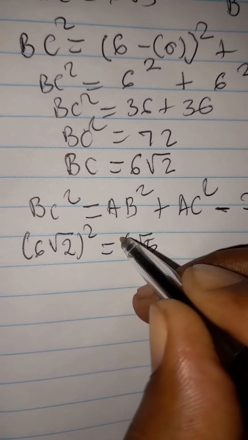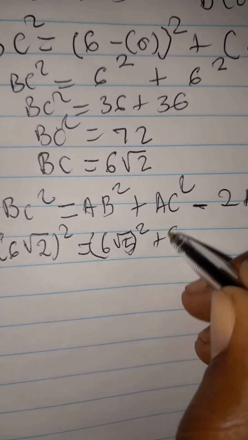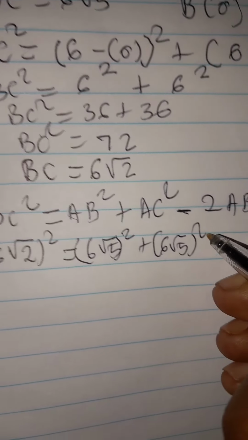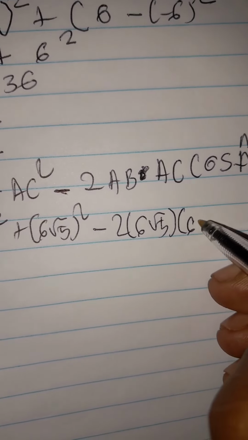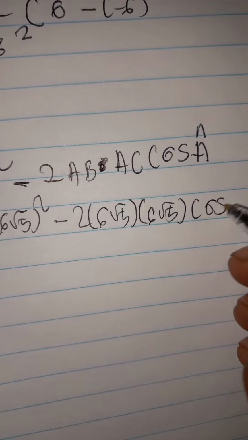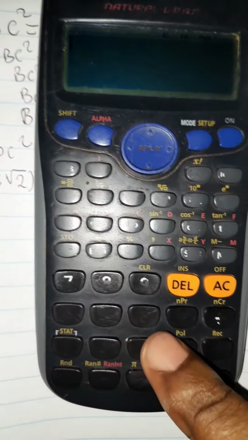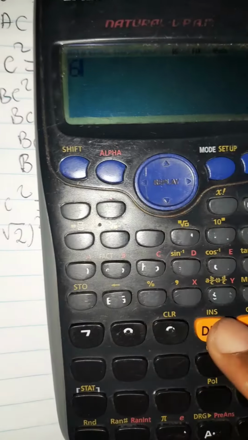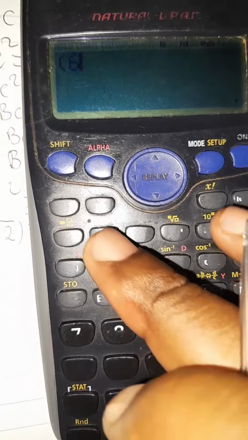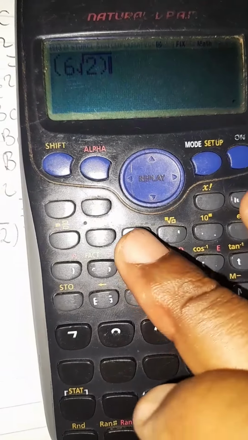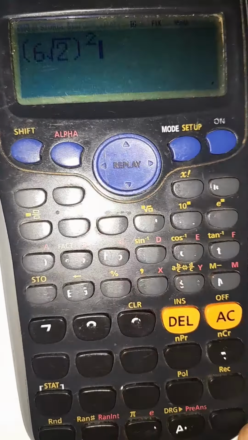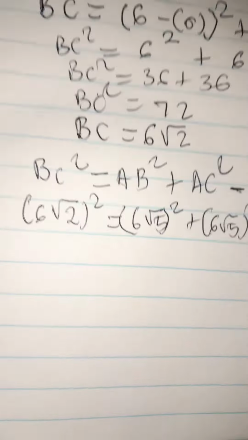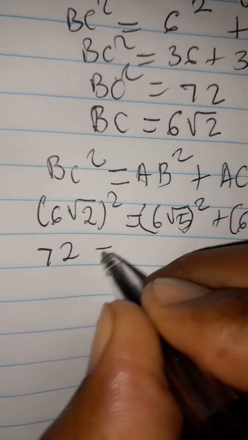You may recall that it was given as 6 root 5, and AC as 6 root 5, as well as cos A, angle A. So let's take our calculator and punch 6 root 2 squared. That will be 72.